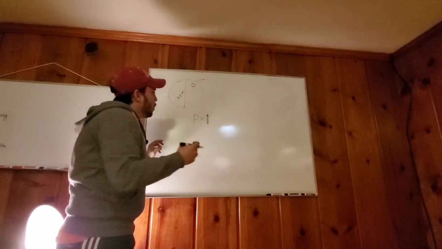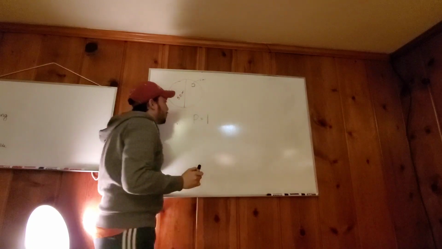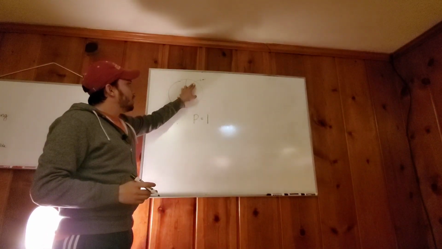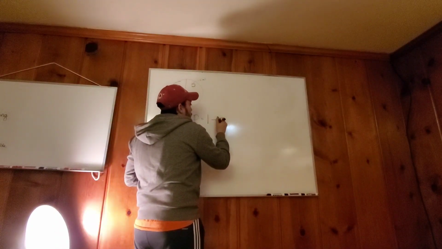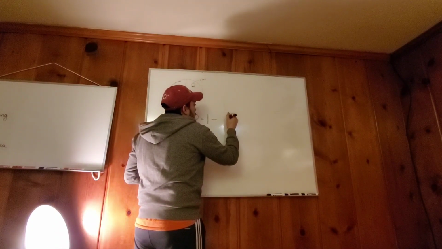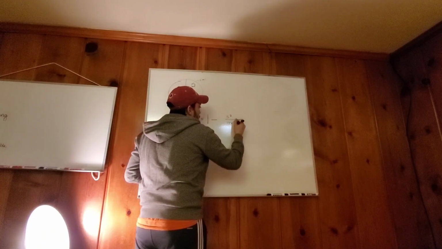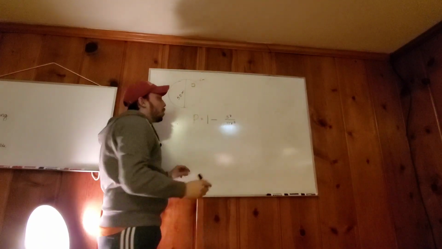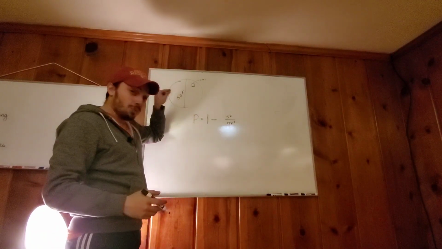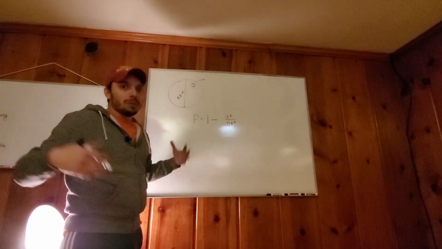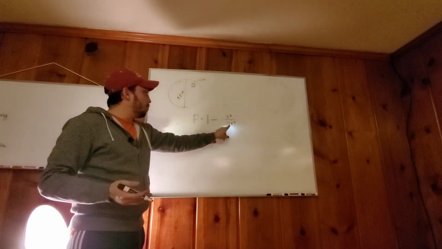And from 1, we're going to subtract this probability, which is side squared over pi radius squared. That's the probability of it hitting the park, and the resulting answer will be the probability of the raindrop hitting everywhere except the park. That makes sense.